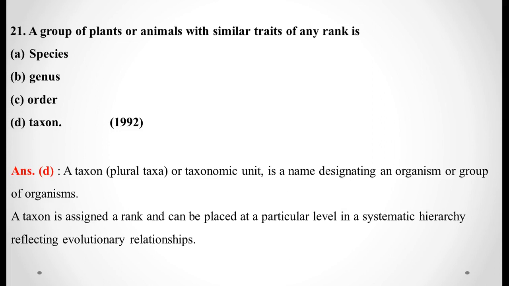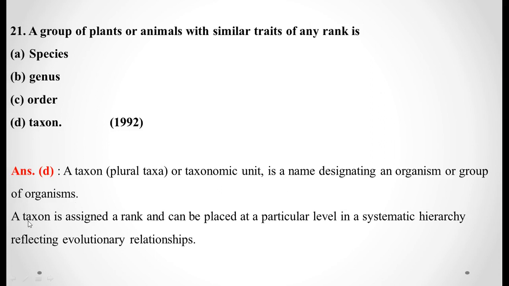The taxon is a singular term and the plural is taxa. A taxonomic unit is a name designating an organism or a group of organisms. A taxon is assigned a rank and can be placed at any particular level in a systematic hierarchy reflecting evolutionary relationship.